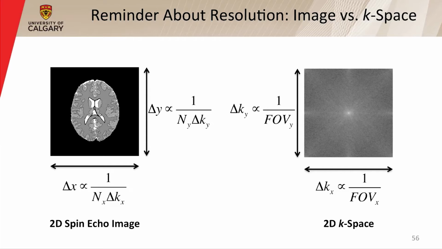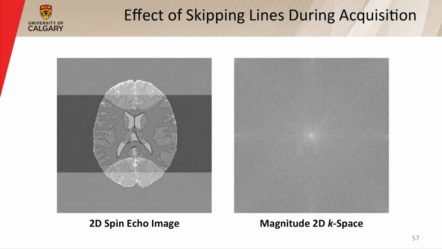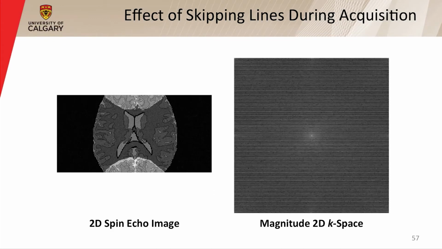And similarly, the field of view in the x direction is inversely related to the spacing between our points in Kx. Okay? So what happens is, if we skip lines, we're now doubling the space between our adjacent K-space points in the ky direction. What that means is that we're halving the field of view in the y direction.